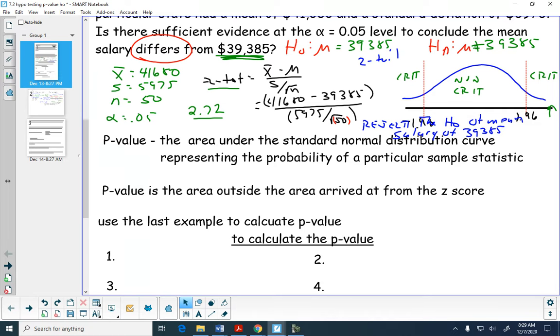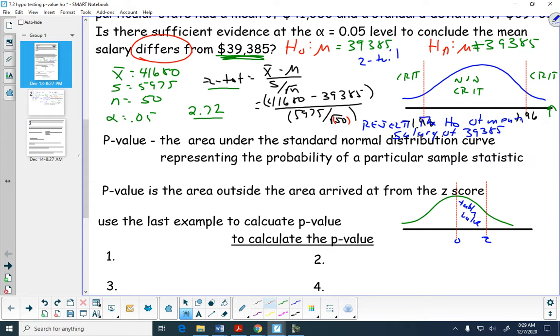If you go back to what we did with respect to a z-score, we have a bell-shaped curve. We calculated the z-score. Here's our 0, and this was our table value. This area that we calculated was our table value.